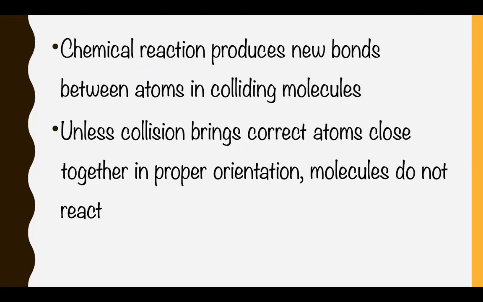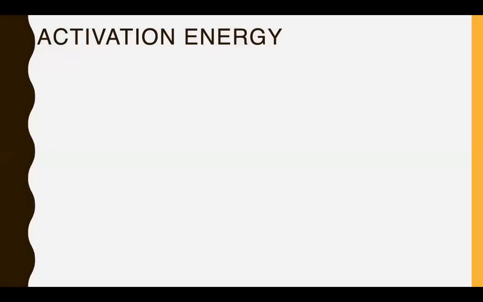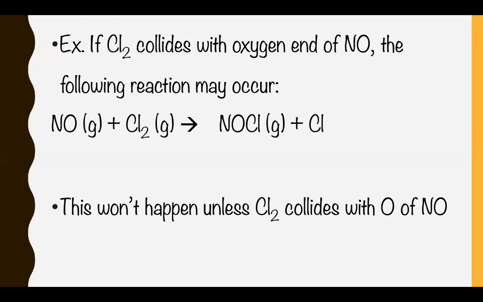Okay, so unless the collision brings the correct atoms close together in the proper orientation, molecules are not going to react. Let's take a look at another example. If chlorine collides with oxygen at the end of nitrogen monoxide, the following reaction may occur. So the chlorine bonds to the oxygen.